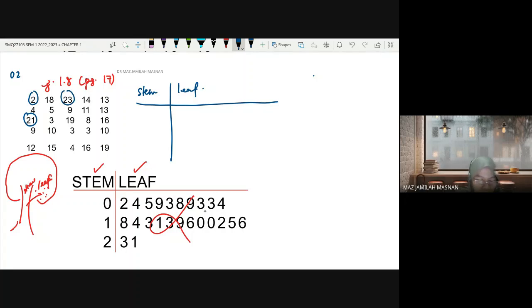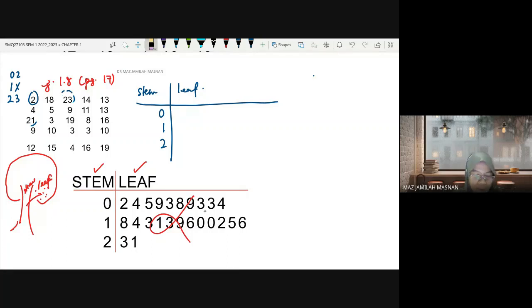So you have 23 as the maximum value and 02 as the lowest value, which means the middle would be the ones with 1x. So you will have 3 sections for the stem: 0, 1, and 2. Then how I complete my leaf depends on the values that you have.